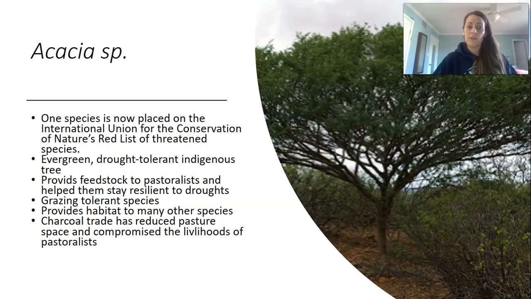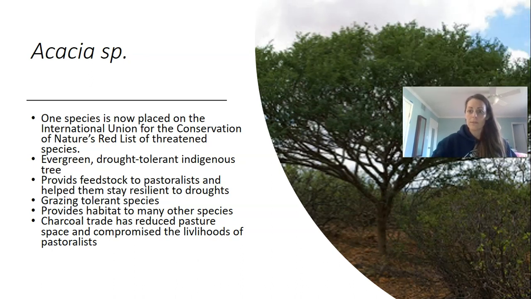These trees provided feedstock to pastoralists, and they helped them stay resilient to droughts because they provided shade for the animals, and their deep roots would bring water to the surface, so shallow wells could be dug and livestock could find areas to drink in those areas. So the fact that they're being taken away is severely impacting the lifestyle and the livelihood of the people that are living in those areas.